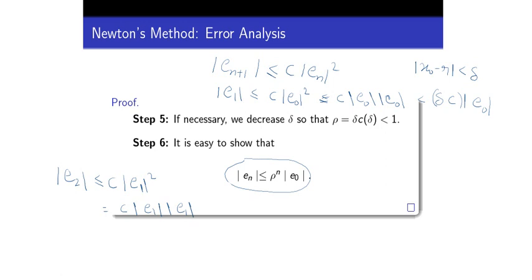Right? So this is further less than or equal to C times delta times mod of E naught, and mod of E1 is again C of delta squared times mod of E naught.